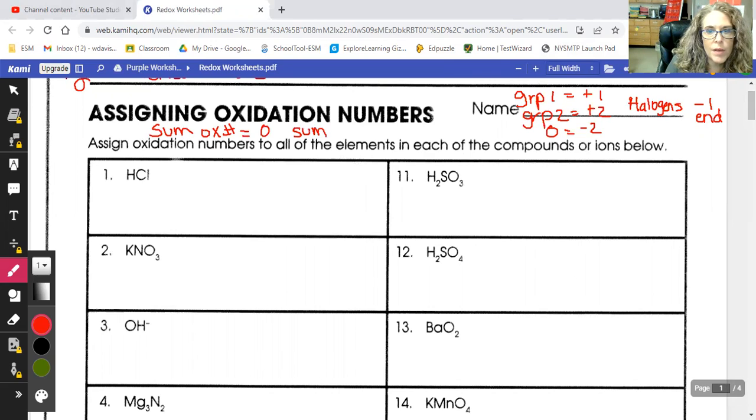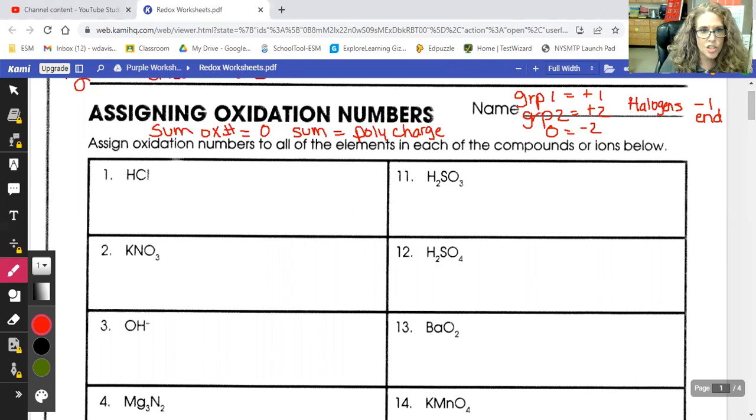And the sum is equal to the polyatomic charge. So I'm just going to write poly charge if we have a polyatomic ion. So within a polyatomic ion, the sum of the oxidation numbers add up to the charge of the polyatomic ion, which we're going to need table E for.